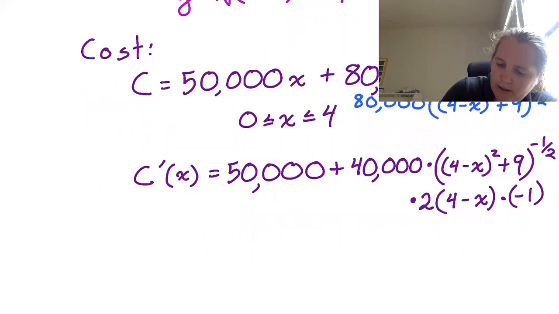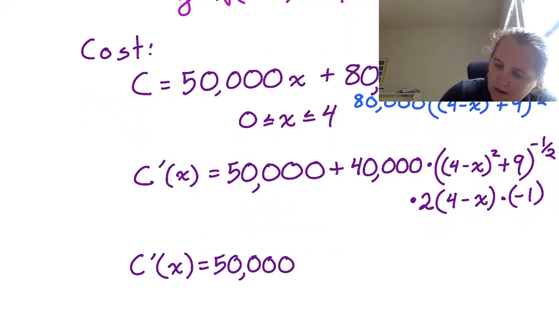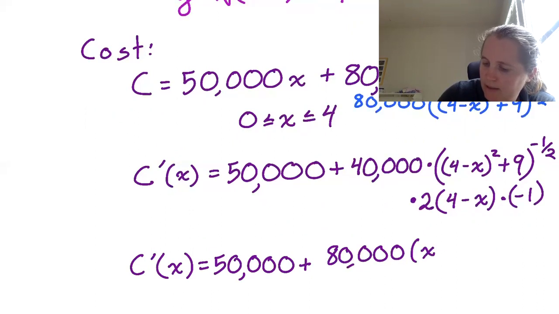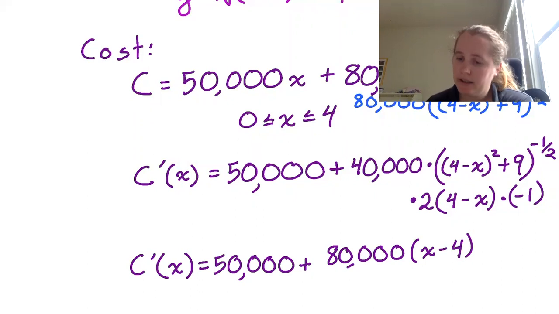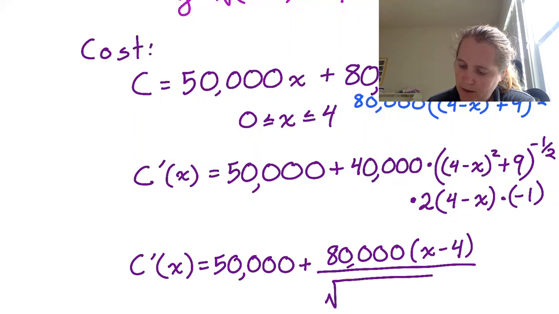So what we are really looking at is C prime of X is equal to 50,000 plus 80,000 times (X minus 4). I multiply the negative inside of the 4 minus X. And then down below, we have the square root of (4 minus X) squared plus 9.